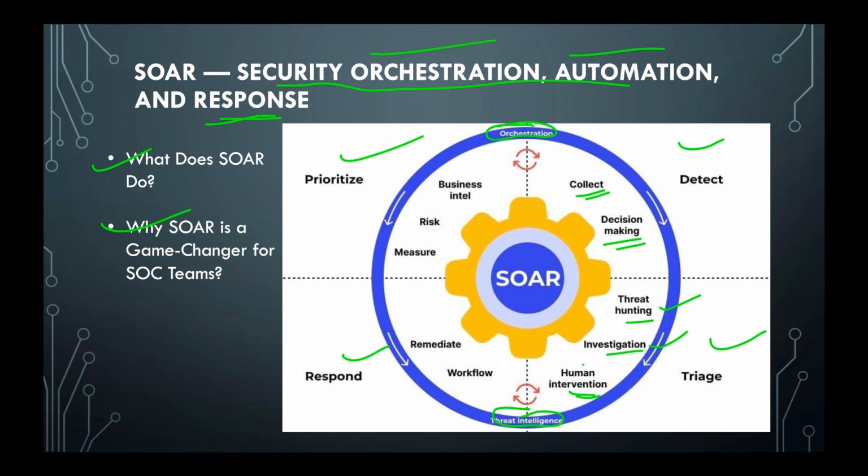If human intervention is required, it will send an email or ask humans for action. And how is it going to respond? It has many workflows that can remediate the threat. And how does it prioritize? It measures the risk and also understands the risk factor and business intel, and based on that it takes action. So this is how SOAR works.